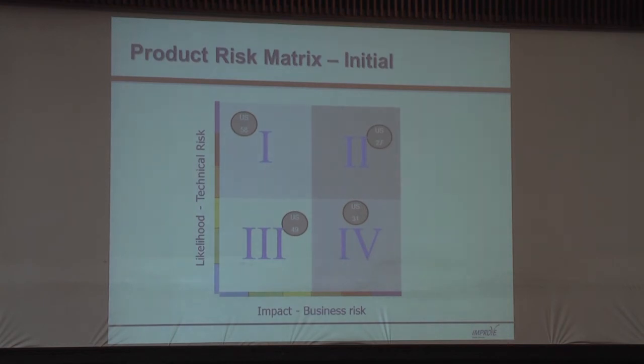After a while of testing, that changes. So apparently, number 2 is tested, no defects. So basically, we have a benefit already. Number 3 in square 4 is tested, but we had some major defects found.